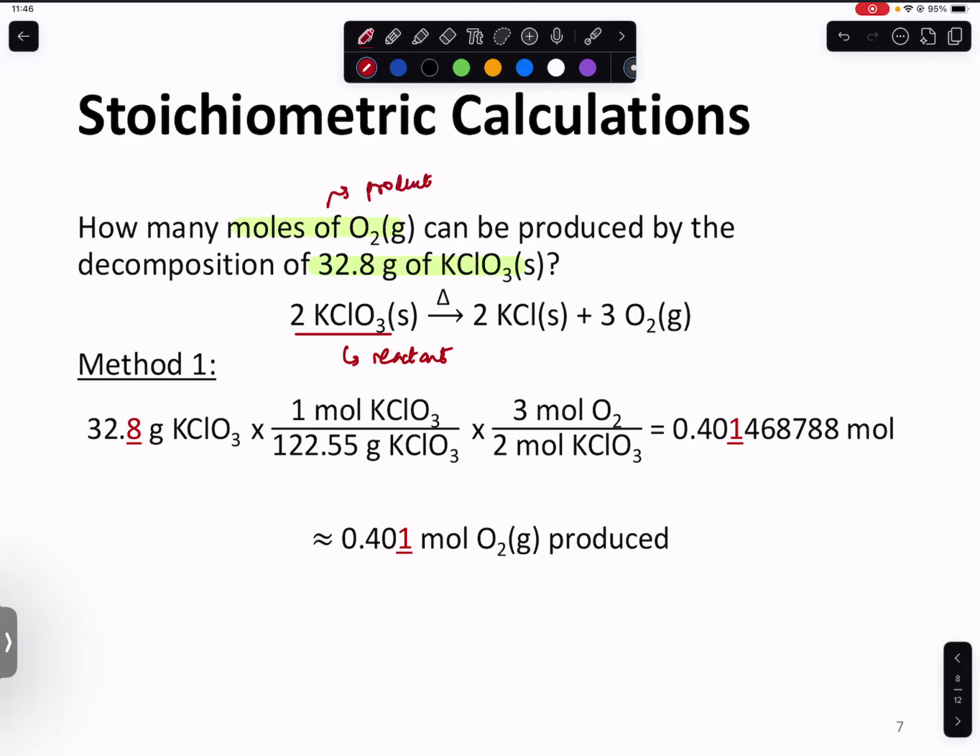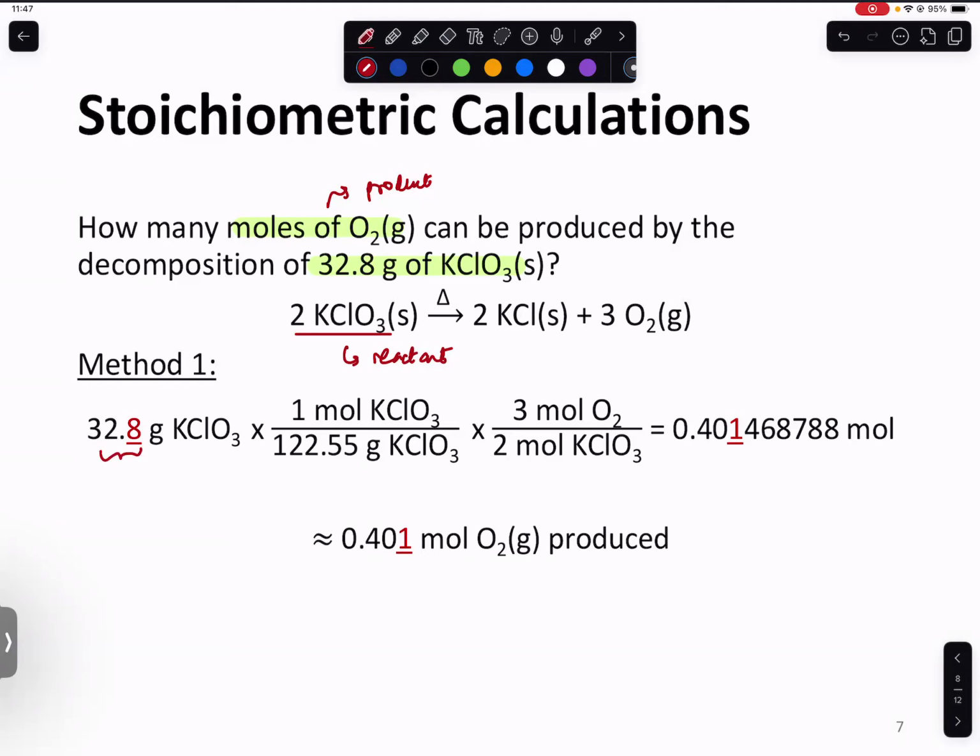Okay, so in this case, I will start with the 32.8 grams of potassium chlorate. Okay, and I note that you are responsible for the number of sig figs right here. So in this case, I have here the lowest number of sig figs, and my calculation is going to be 3 sig figs right here.